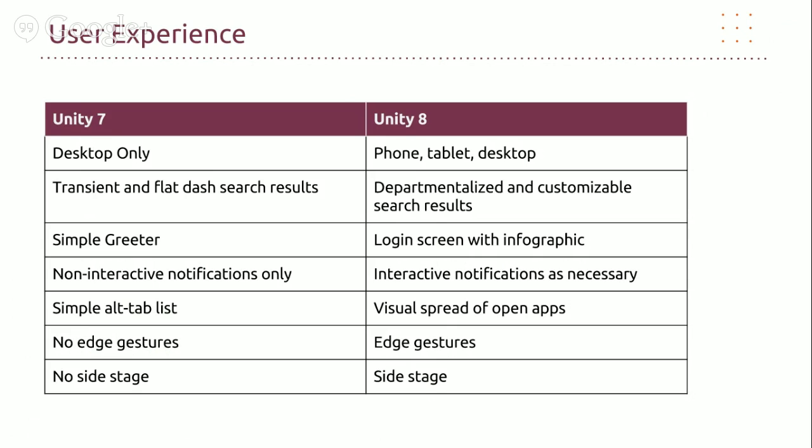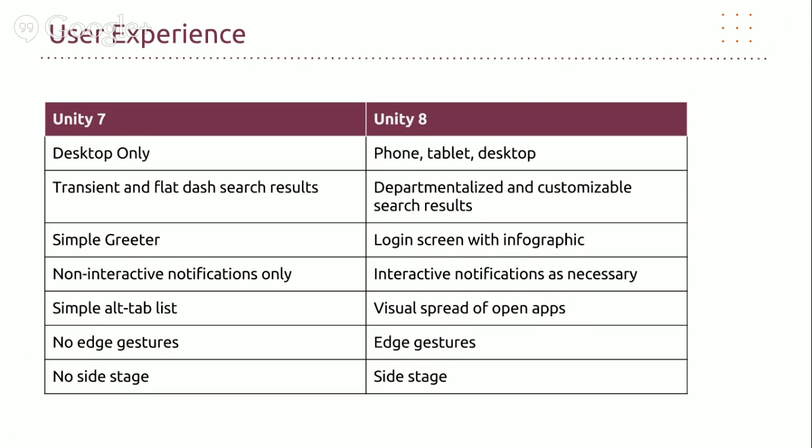Unity 7 has only non-interactive notifications through notify-osd, but because of some of the requirements for a phone, like being able to answer a call and other things, we have added snap decisions to Unity 8. So we need to think about how snap decisions are going to work in a desktop environment.